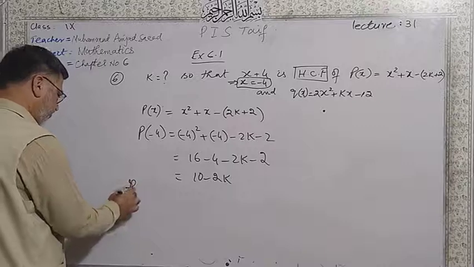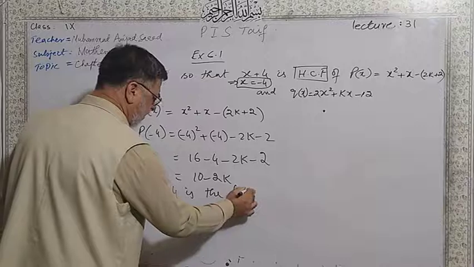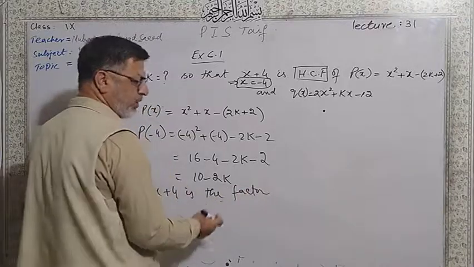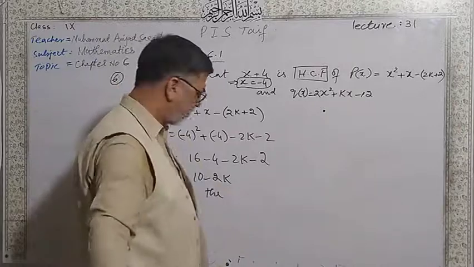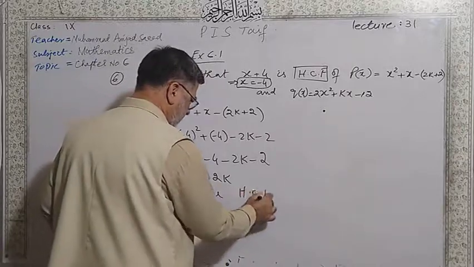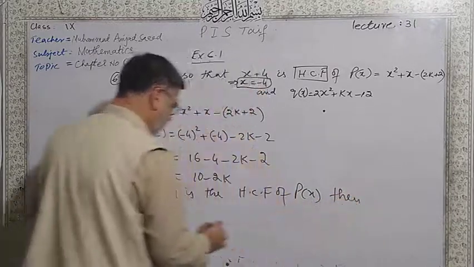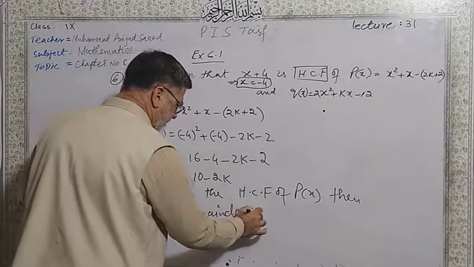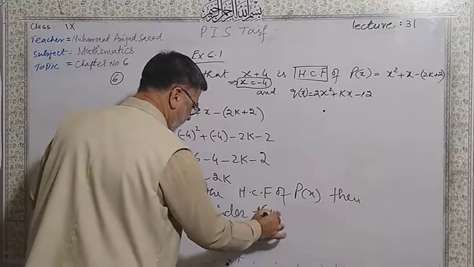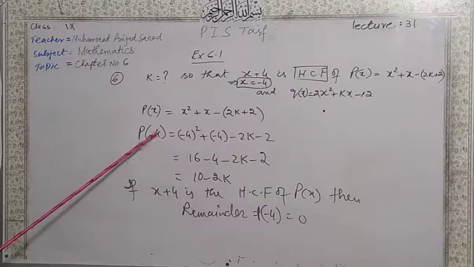If x plus 4 is the factor, or rather the HCF, of P of x, then the remainder P of minus 4 is equal to 0.